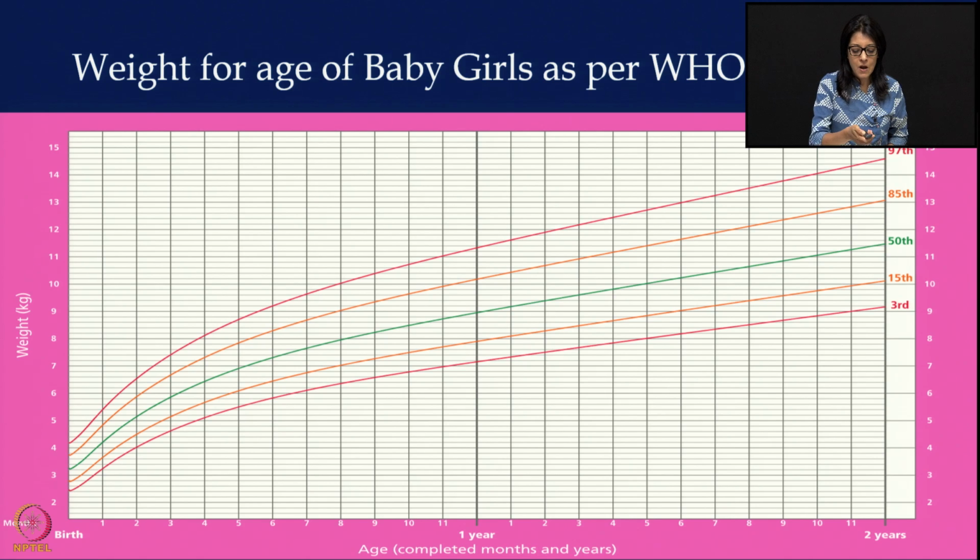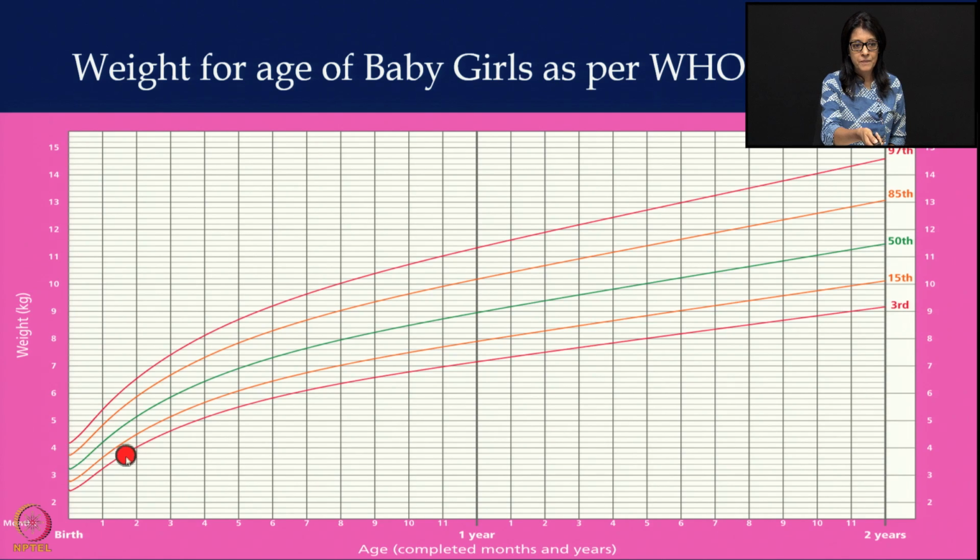Okay, here. Suppose you have a girl child born in your family, and she is beautiful, 3.2 kg weight, absolutely average as per world standard. Now look at 1 month of age. At 1 month of age, where is that green line intersecting? You can see that green line is intersecting at 4.2 kg.